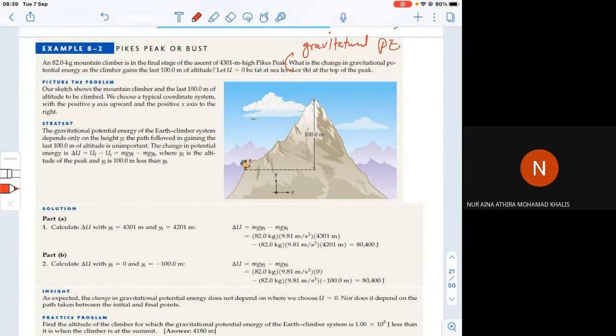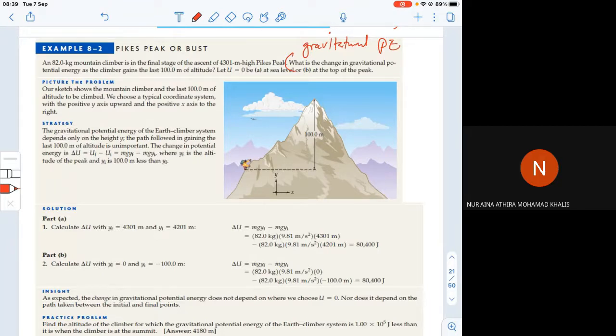We have already established that conservative work is done when we have potential energy, for example when we put the ball on the shelf. The shelf has a certain height, and that certain height will give you a certain value of work, which is what we call potential energy.